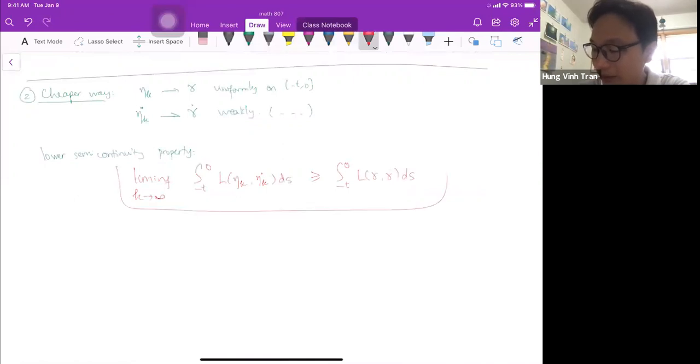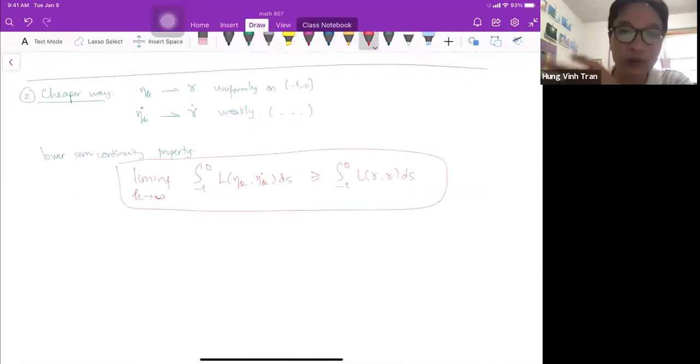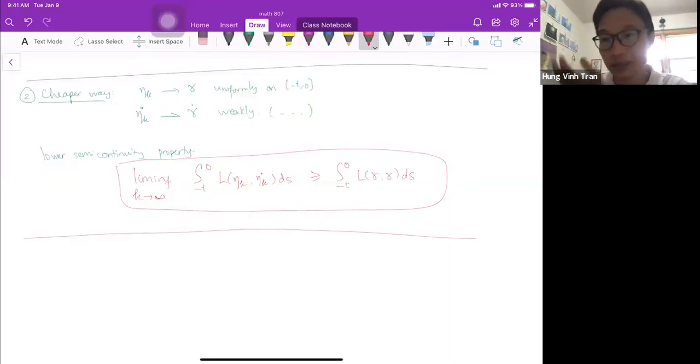That's the only thing that you need. And this is actually coming from the lower semicontinuity property of the action functional, and that's it, right? I mean, that's the other way. That is a cheaper way, but for us, we have the whole regularity thing, and then everything is natural. Okay, so I'm done.